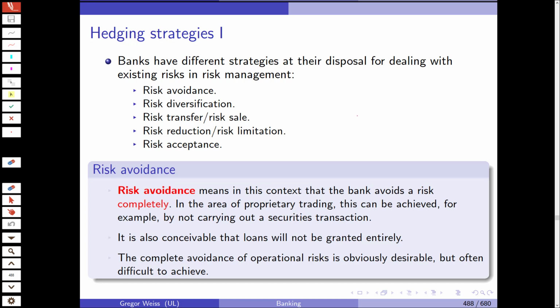Usually this is not what we will do as a bank on a regular basis when it comes to investment and commercial banking. Now, we will leave some contracts and not enter some contracts, like in this case of a borrower that is too risky, but complete risk avoidance is usually not what we are in this market for.